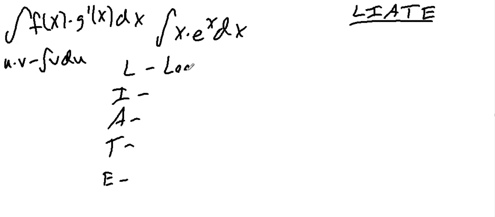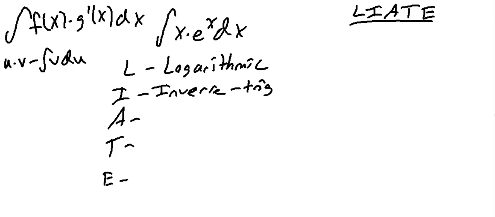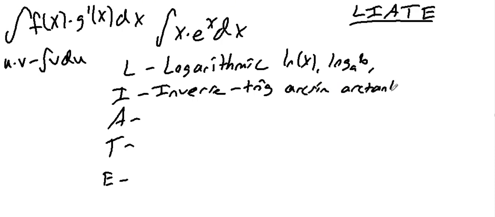So L is going to stand for logarithmic, I is inverse trig. So logarithmic is going to be your ln, your log, things like that. Your inverse trig is going to be things like arcsine or arctan.